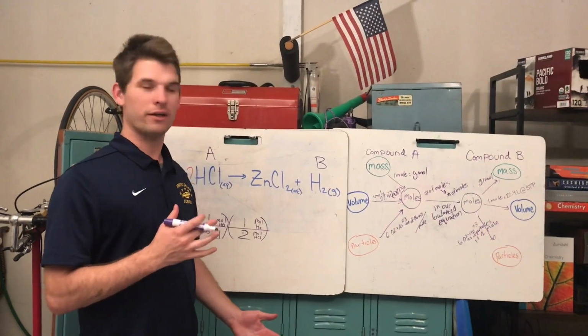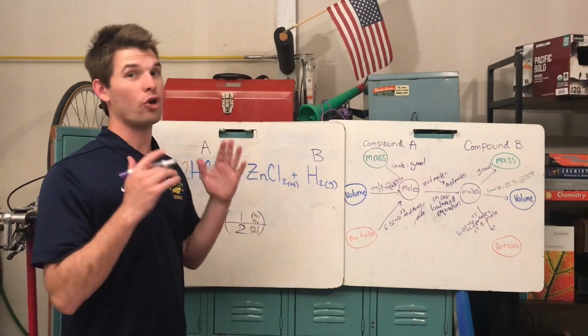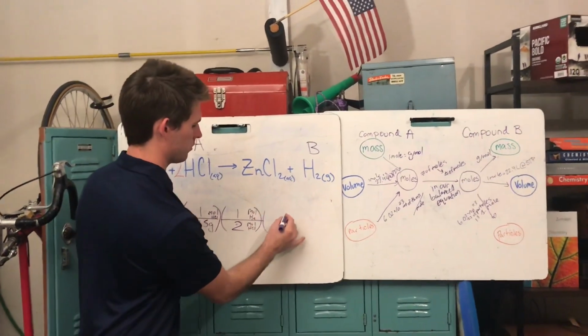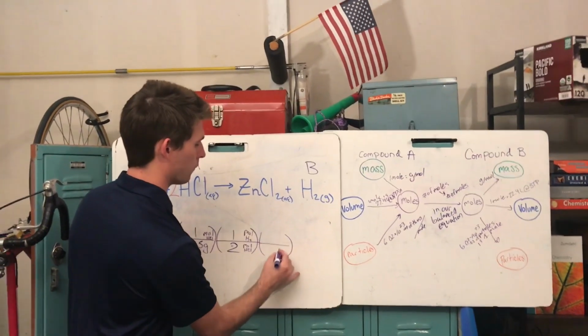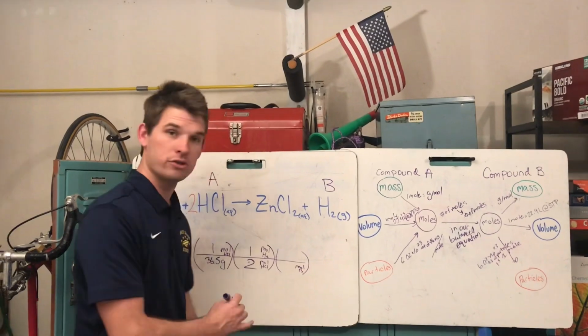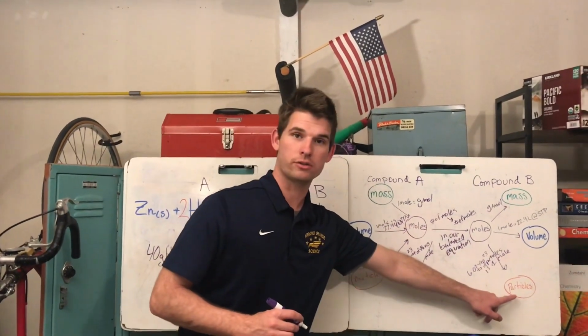Now that we've converted moles of hydrochloric acid into moles of hydrogen gas, we're so close. We're almost there. We need to convert the moles of hydrogen gas, moles of H2, into number of particles of H2.